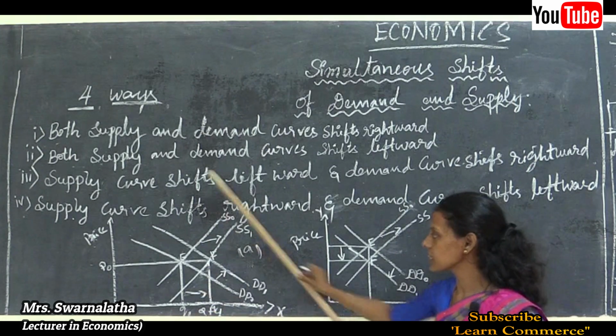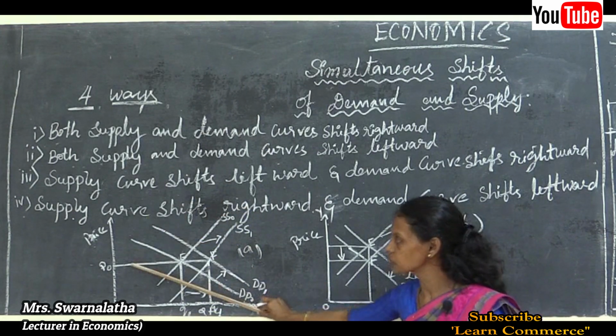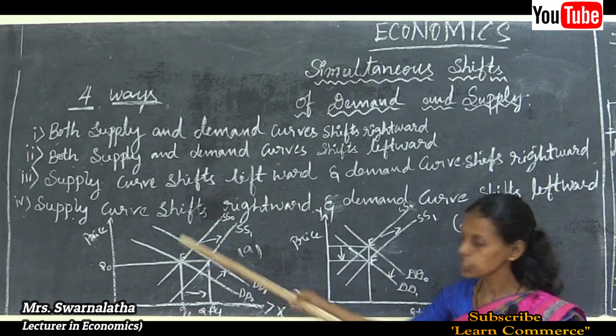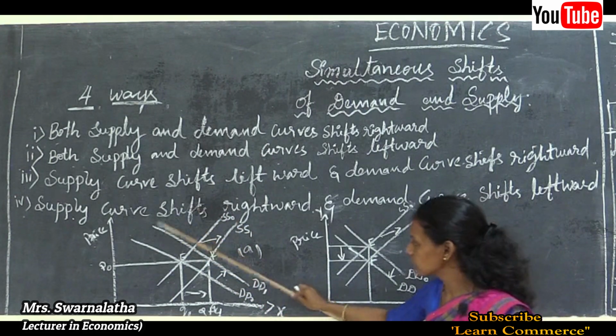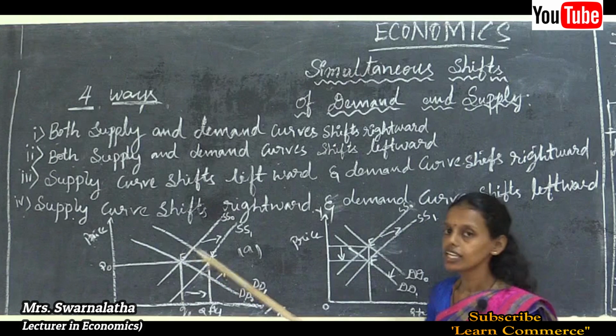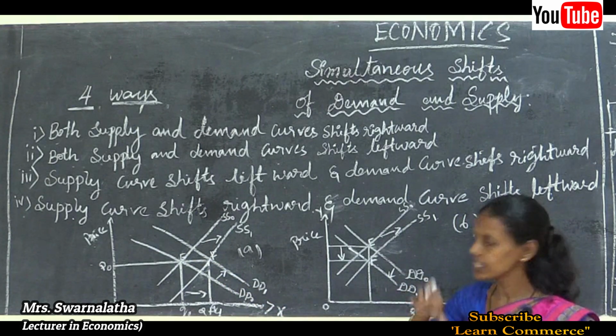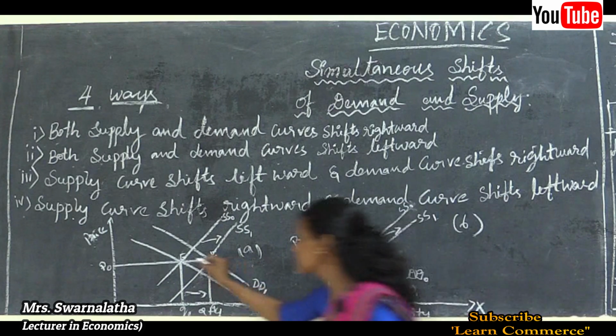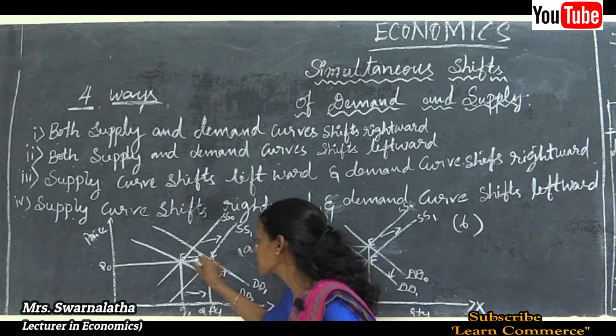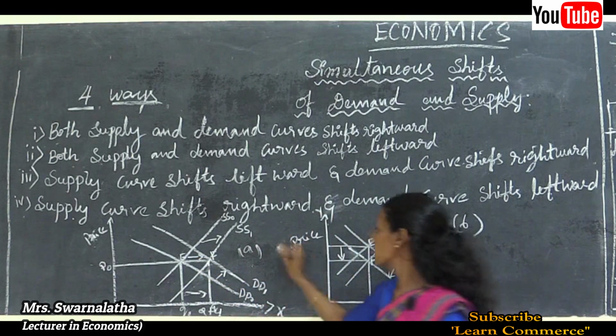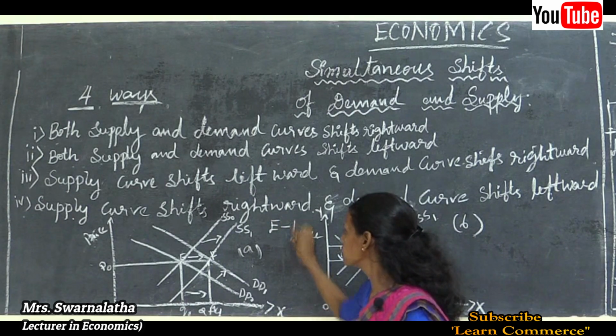Decrease in the quantity leads to the leftward shift of the demand and supply curves. The initial equilibrium is E. Any change in the quantity produced moves this initial equilibrium from E to F.